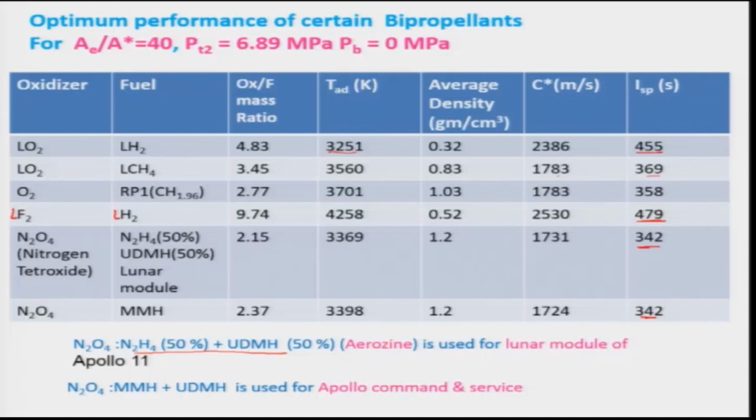Even nitrogen tetroxide with UDMH is used in the Apollo command and service module. And of course, liquid oxygen and liquid hydrogen are used for the space shuttle. These are all being used very much nowadays as cryogenic engines.